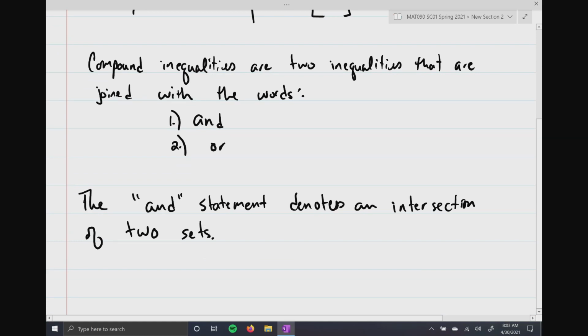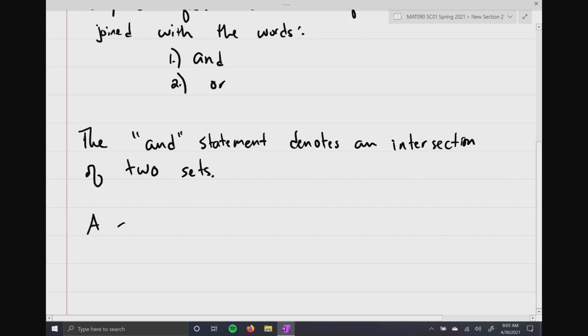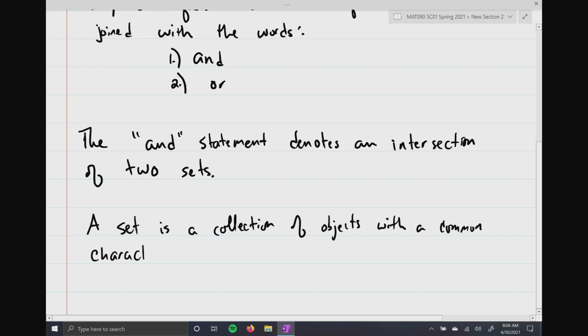So let's review what are sets. So a set is a collection of objects with a common characteristic, something in common. Like all those little numbers have something in common.